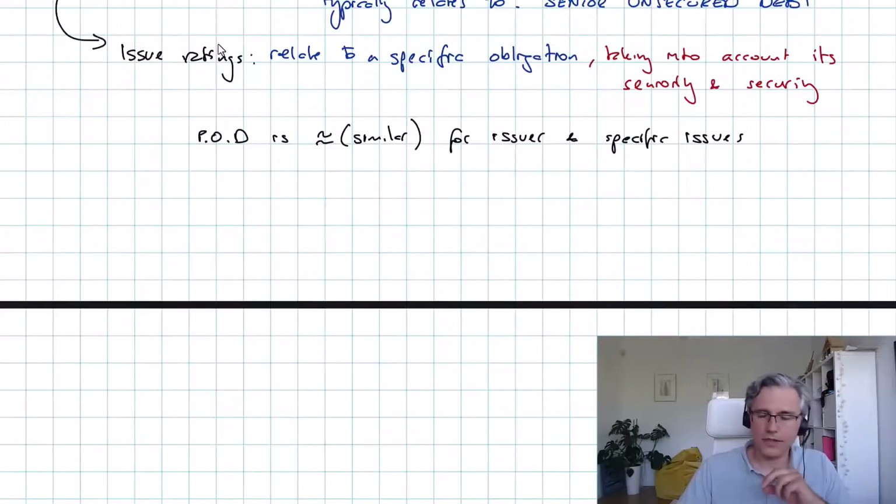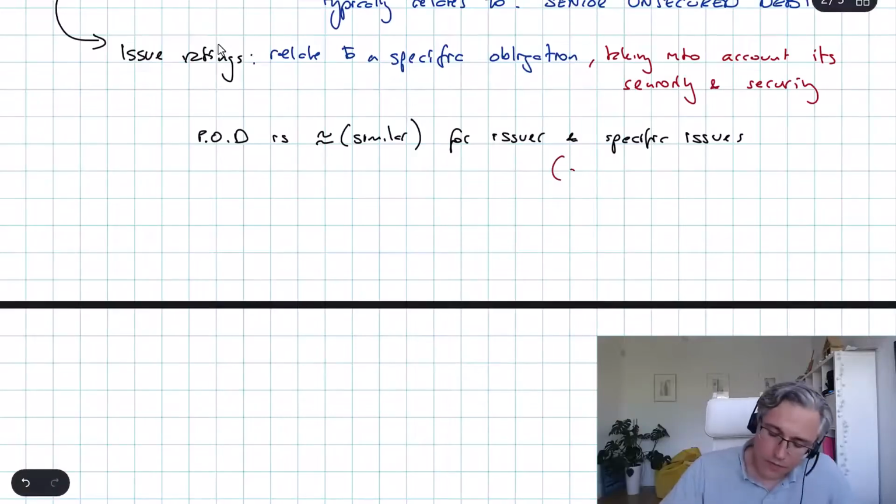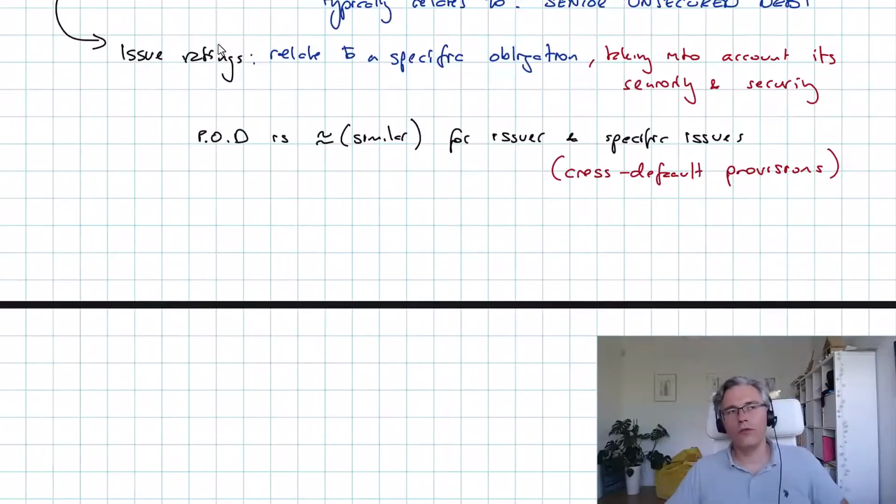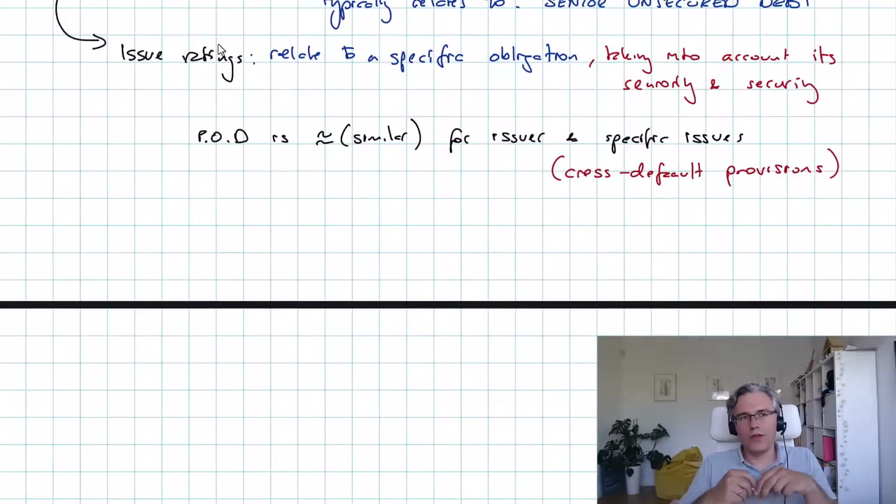And the reason is mainly because of something we call cross-default provisions. And we had an opportunity to mention this in a much earlier video on bond instrument features. A lot of bonds, or the majority of bonds, have a provision in them which states that if the issuer defaults on any obligation, any bond that they've got outstanding, or any debt that they've got outstanding, that automatically triggers a default on their other obligations as well.